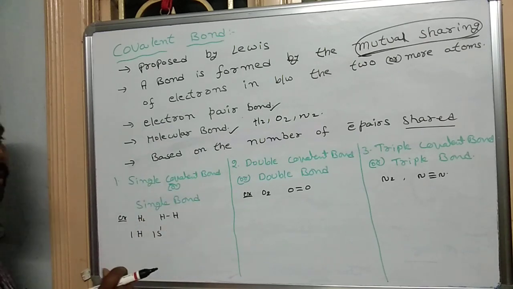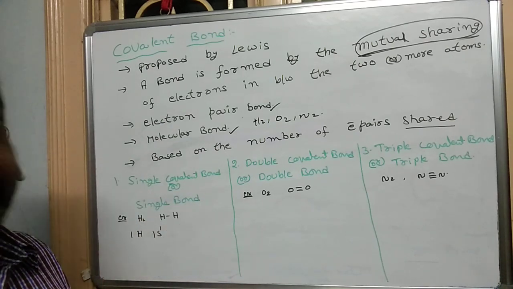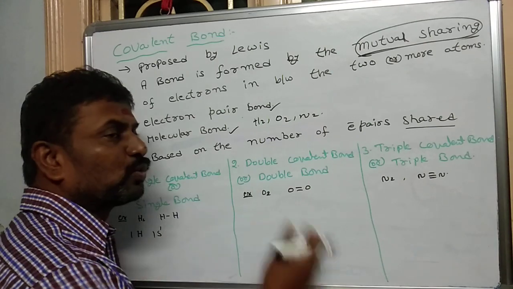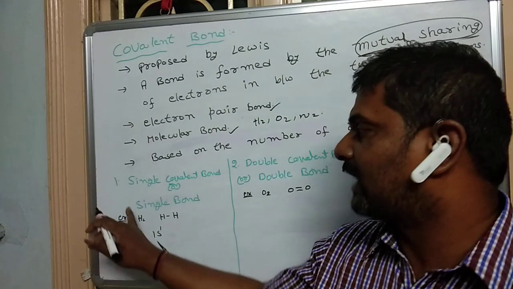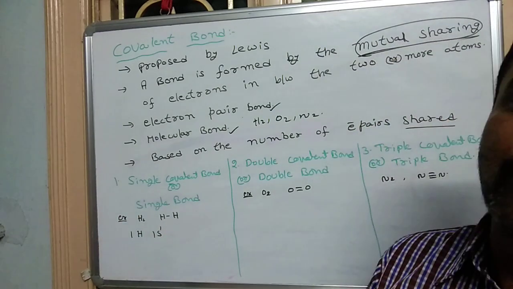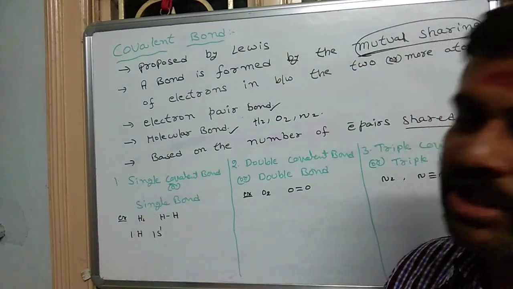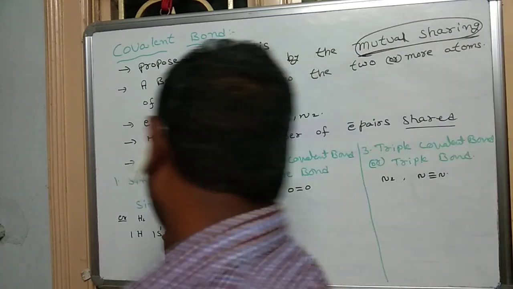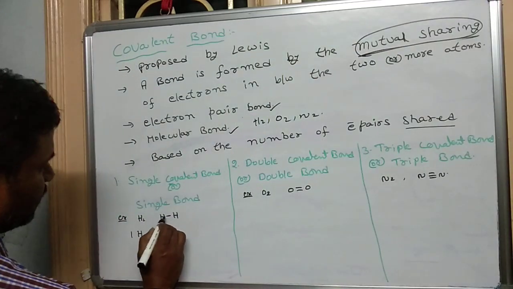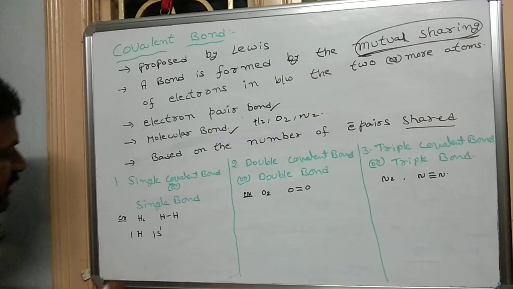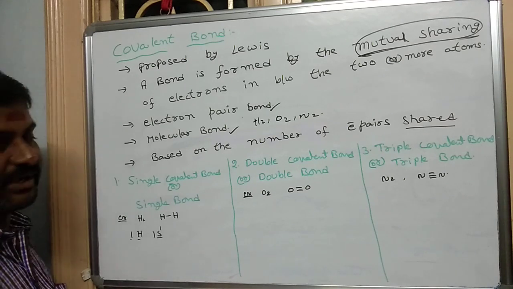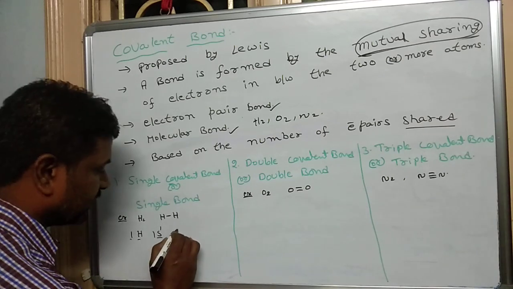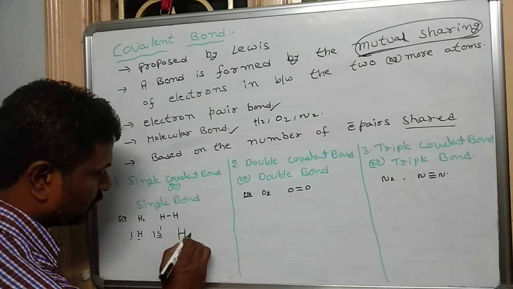Single covalent bond or single bond. In this, only one electron pair is shared between the two atoms. That is called the single bond. Example, hydrogen molecule, indicated by the symbol H. Hydrogen has atomic number 1 and electronic configuration 1s1, so hydrogen contains only one electron.